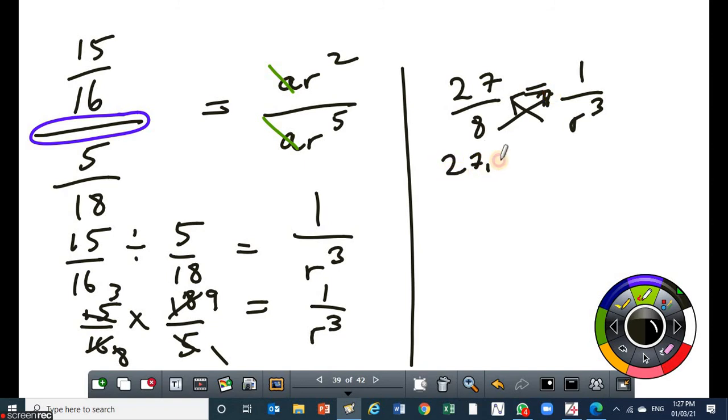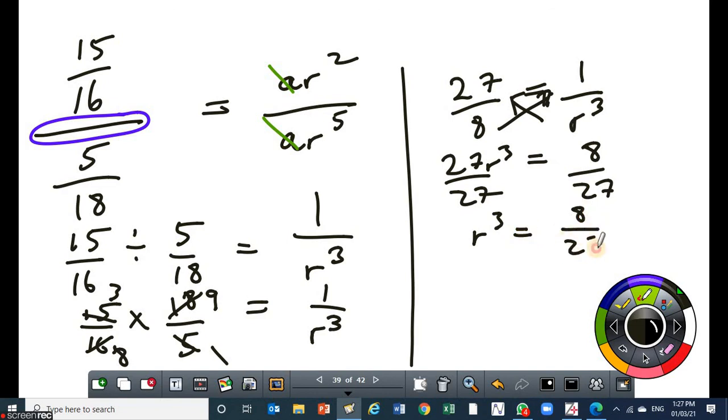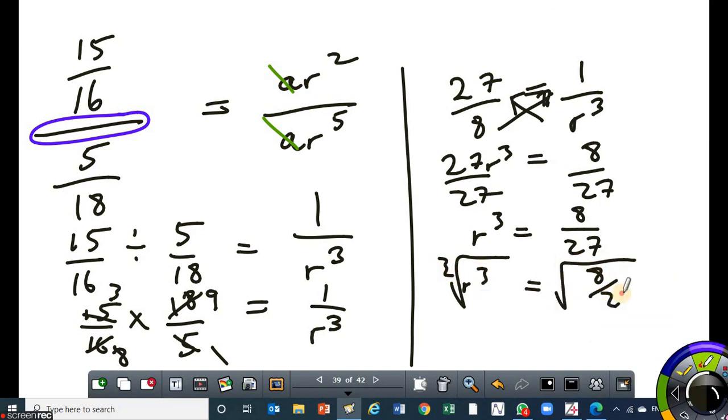If you cross multiply, you get 27 R cubed equal to 8, then you divide both sides by 27. So your R cubed is going to be 8 over 27. Then you find the cube root of both sides. So your R is going to be equal to 2 over 3.